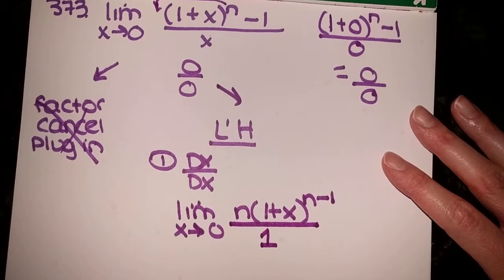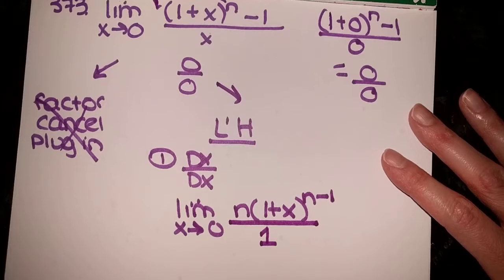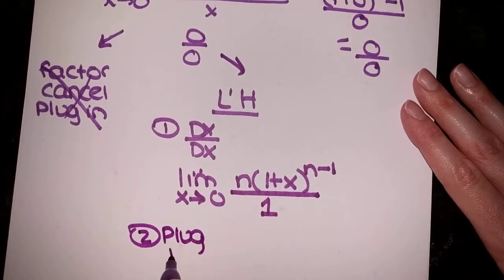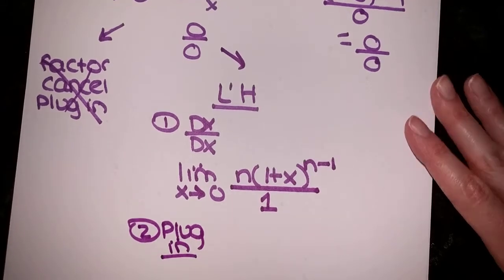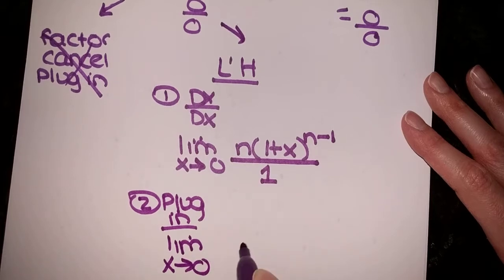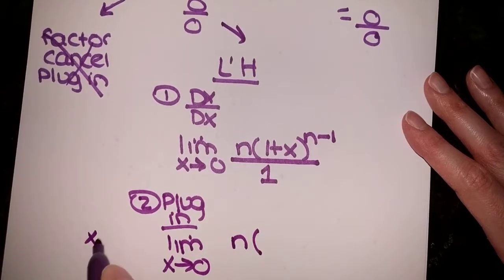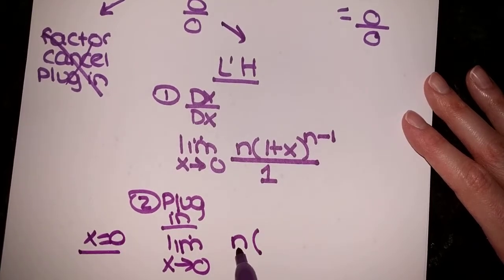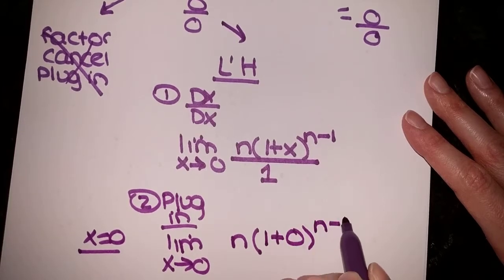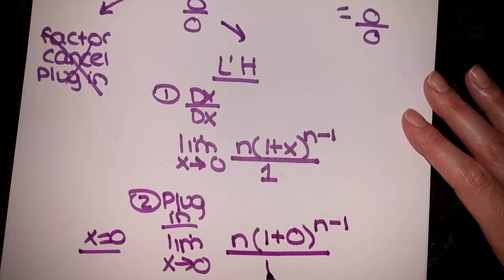So after I take the derivative of the top and the derivative of the bottom, I reevaluate things and plug in to see if any progress has been made. So in this case, I'm going to plug in 0 for x. So n is just going to stay as n, (1 plus 0) to the n minus 1 over 1.